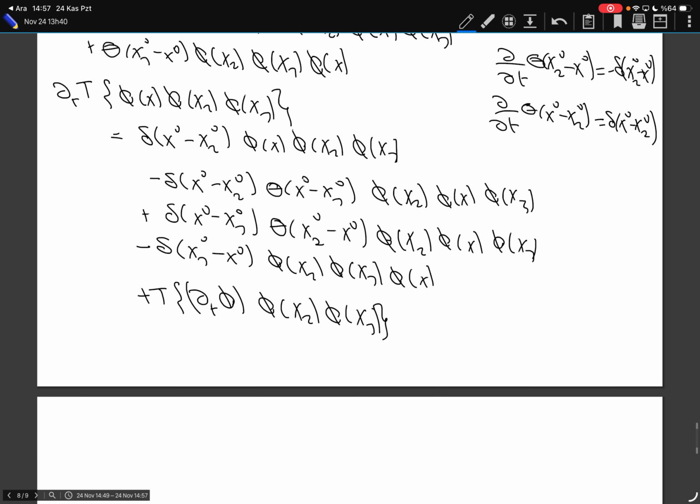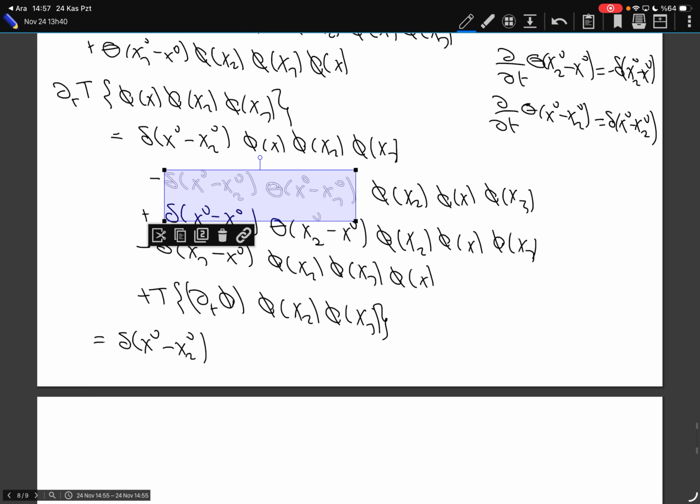Okay, now let me collect some of the terms. I have terms proportional to x0 minus x2 0. It is the first term and the second term. Remember, if you look at this term over here, if I substitute x0 with x2 0, I get the step function of x2 0 minus x3 0, but I assume that x2 0 is larger than x3 0, so that's already 1.